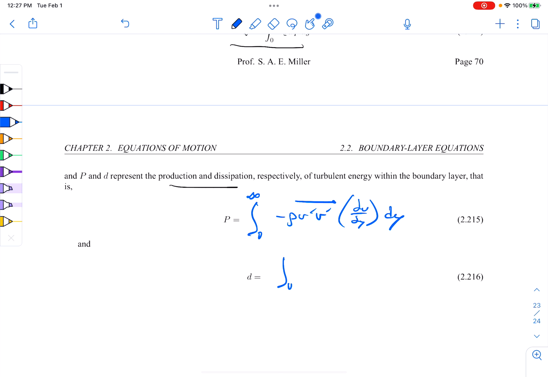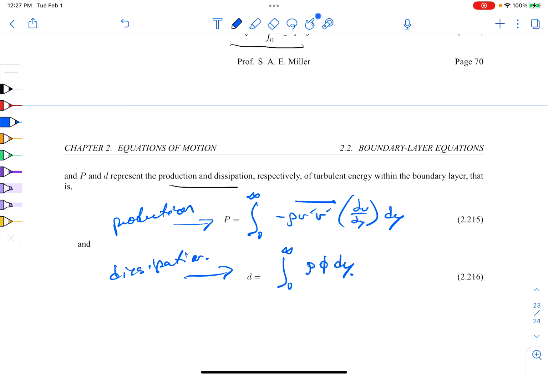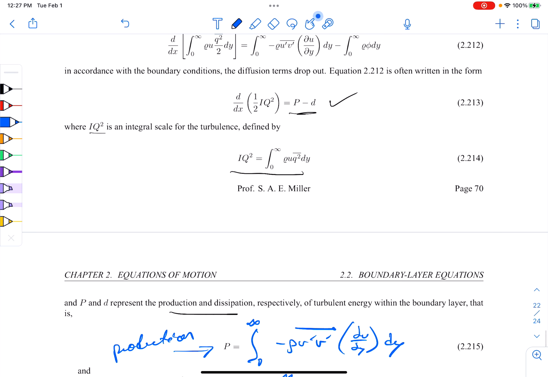And D is from 0 to infinity of rho phi dy. So production and dissipation of turbulent kinetic energy, generally right-hand side terms, and that would be governed through an integral of this IQ squared.